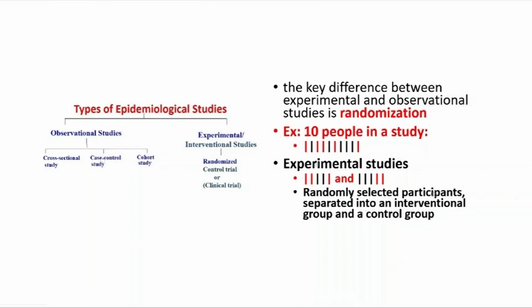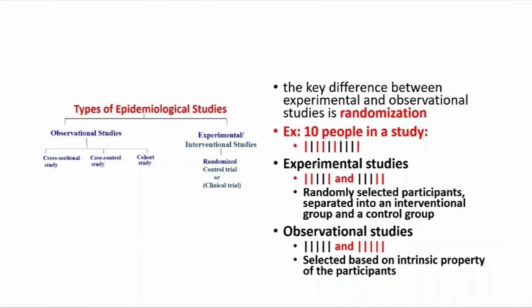You randomly pick the people in your group and you separate them into interventional group and control group. We'll talk more about this. In observational studies, the participants are selected based on some intrinsic properties, like let's say male or female.